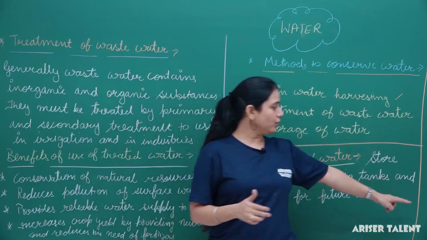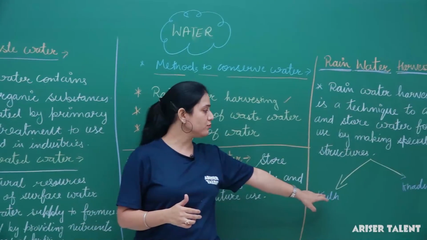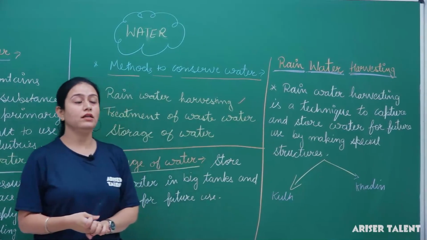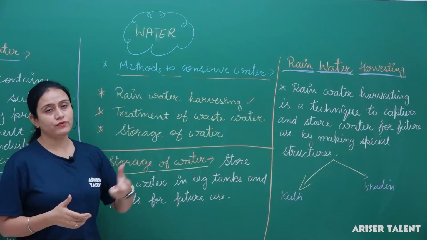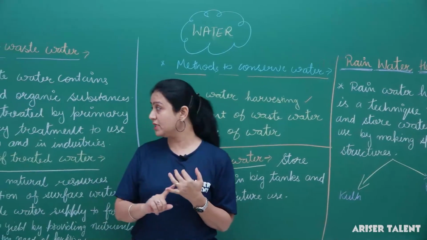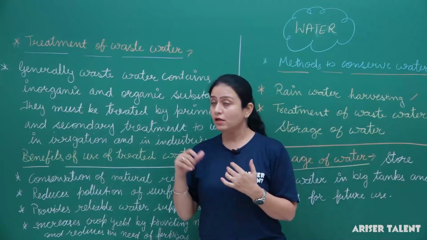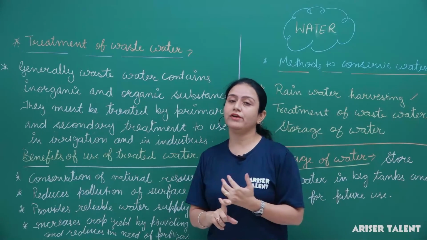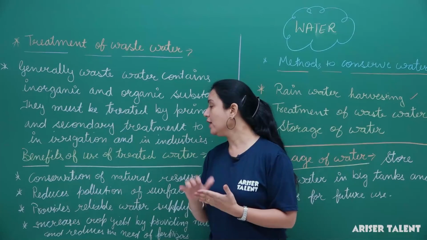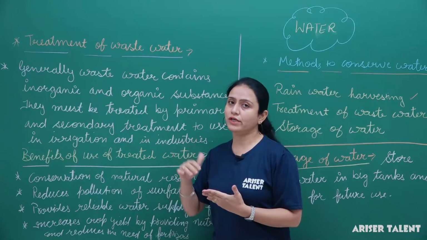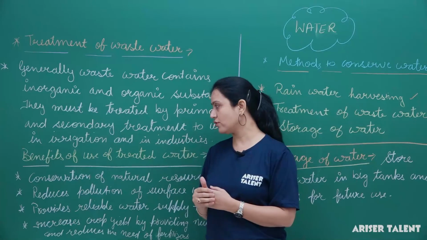I told you two famous methods, one is coal and another is khadin. Then I told you about the treatment of wastewater, which contains inorganic as well as organic substances. It must be treated by primary and secondary treatment, and then it can be used for irrigation and industries.